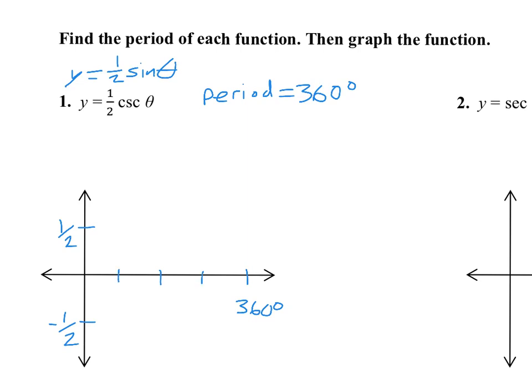So 360 divided by 4 is 90 degrees. Okay, so remember sine starts at the middle level, then it goes upstairs, then back to the middle, then goes downstairs and back to the middle. All right, so there's your sine graph.